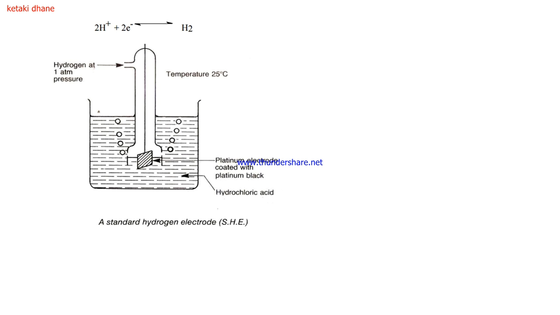This is the construction of the standard hydrogen electrode in which the platinum wire is dipped. Hydrogen at 1 atmospheric pressure is passed onto the solution, and the temperature of the solution is maintained at room temperature, that is 25 degrees centigrade. The platinum electrode is coated with platinum black.